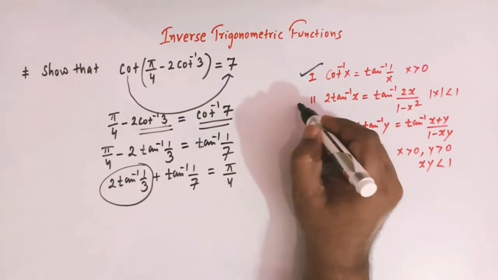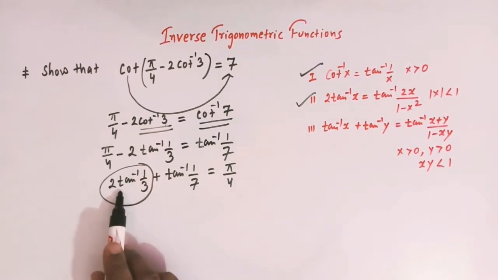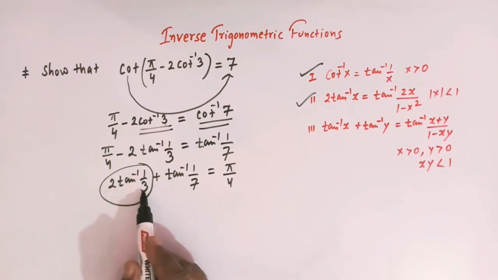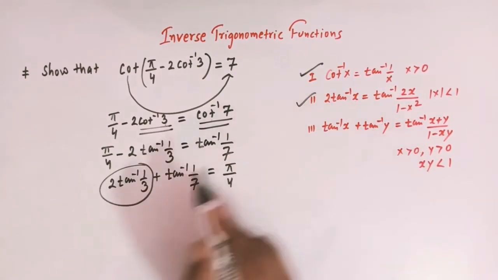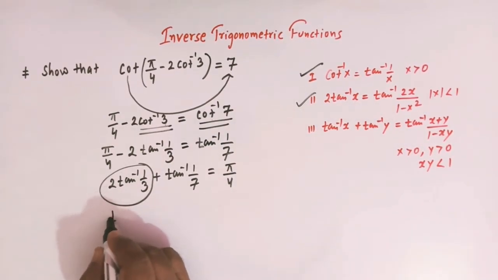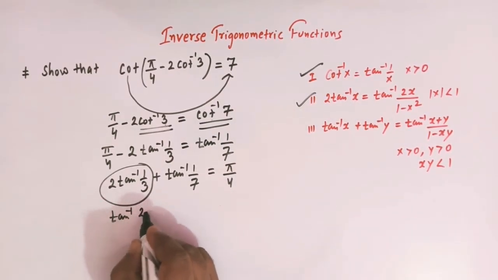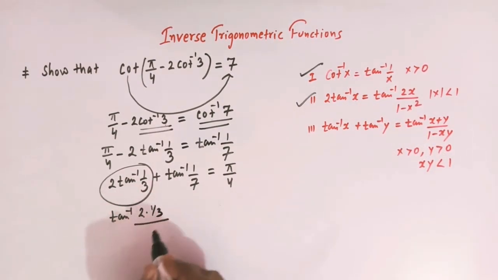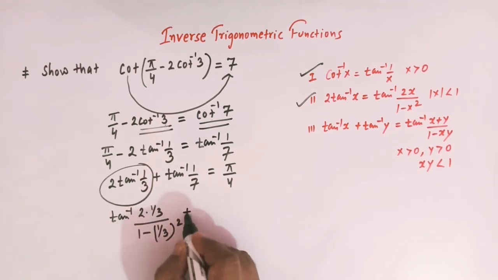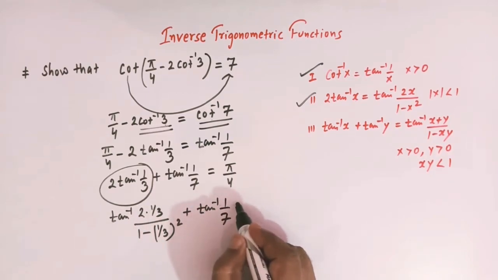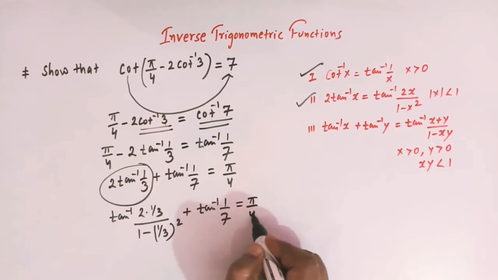Let us apply the second result to this term. This is 2 tan⁻¹ x and here x is equal to 1/3. So we can write tan⁻¹ of 2x, that is 2 times 1/3, divided by 1 - (1/3)², and here we have tan⁻¹(1/7), and this is equal to pi/4.